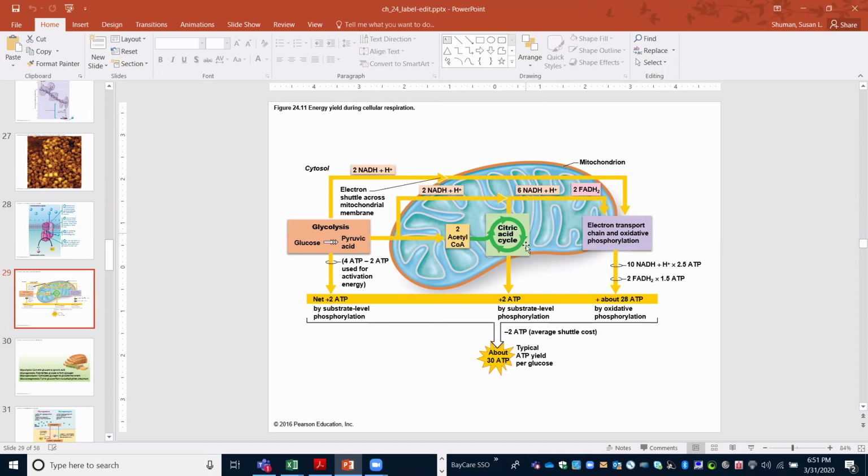So then we go into the Krebs cycle, and from the Krebs cycle, we have generated 2 ATPs by substrate level phosphorylation. And we've generated all these NADHs plus the FADH2. So we've got 6 NADHs, each of those worth 3 ATPs, and 2 FADH2s, each of which is worth 2, as long as we get to cash out at the electron transport chain.